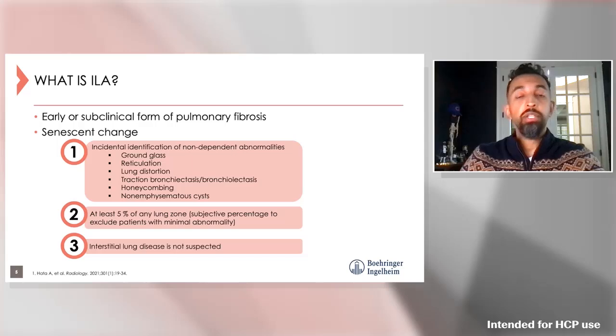So this is the patient who just had an incidental CT scan, a cardiac CT, potentially a PE scan, and all of a sudden you're seeing some of these imaging findings that we just described. This is when I want to be using the term interstitial lung abnormality. So as we just briefly introduced to you, ILA is a CT finding. It is a finding that's going to be seen on chest CT when you are viewing thoracic images.